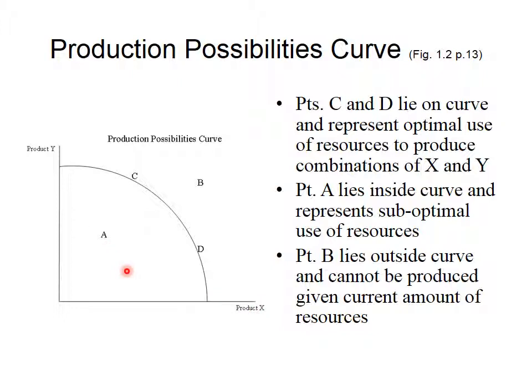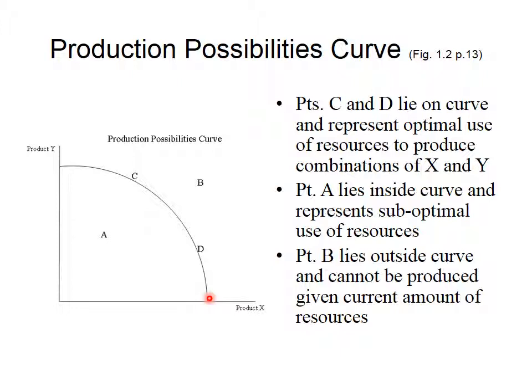I have to make a choice. Let's say producing shoes, producing tennis rackets, being a lawyer, being an HVAC technician. Right? Now, what this curve represents is the maximum use of all resources.